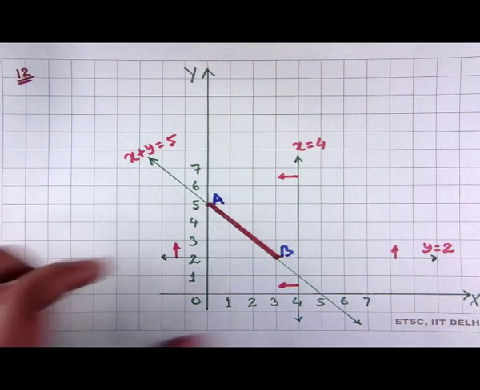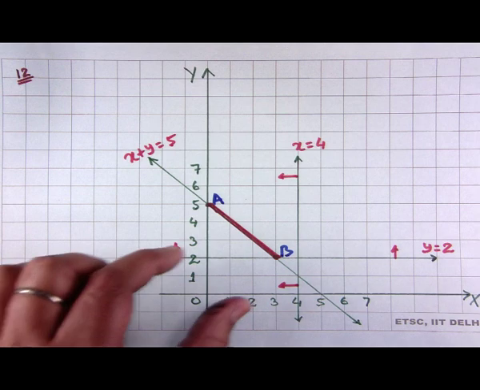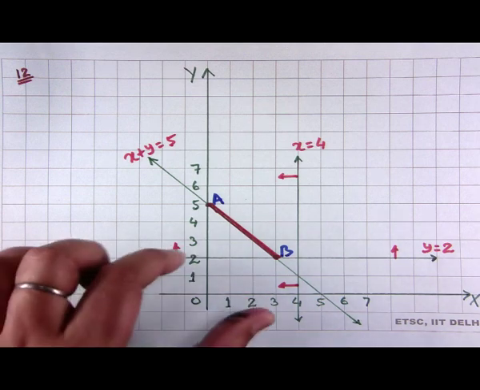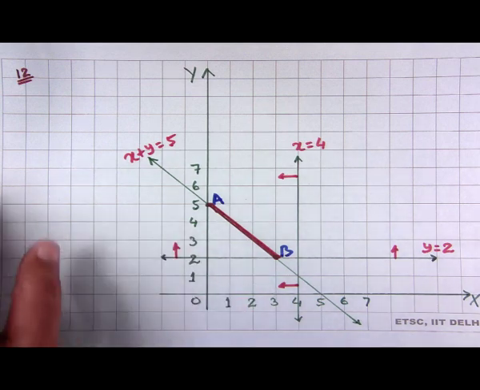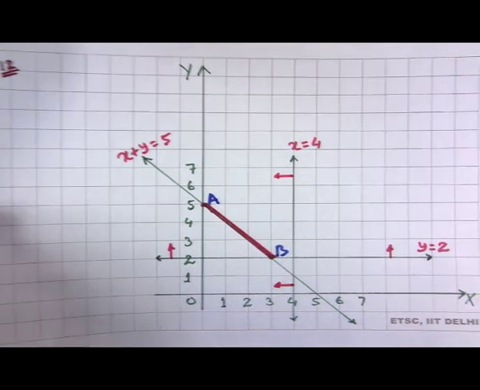It means all the points on this line will give the solution, but we have to find the exact minimum value.